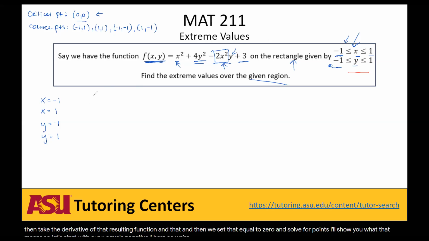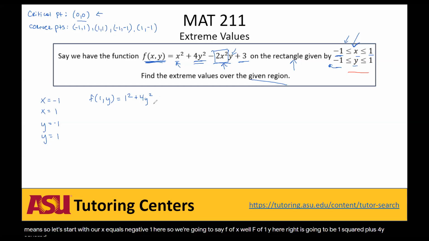So f of 1, y here is going to be 1 squared plus 4y squared minus 2 times 1 squared plus 3.